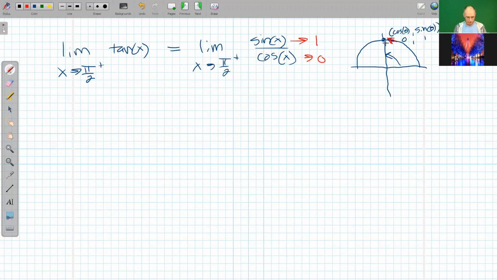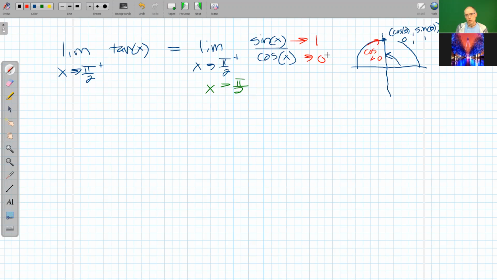Oh, I'm on the wrong side. I lied. The right side on the x-axis, not on the unit circle, means I'm looking at numbers x greater than pi over 2. So that means I'm really on this side over here. Sorry about that. And on this side over here, cosine is less than 0.